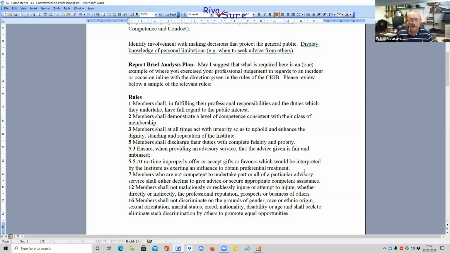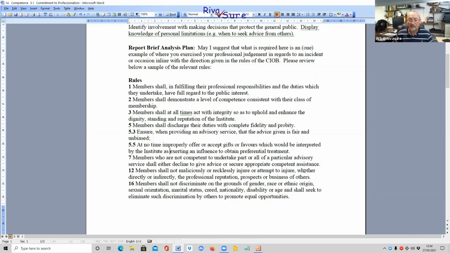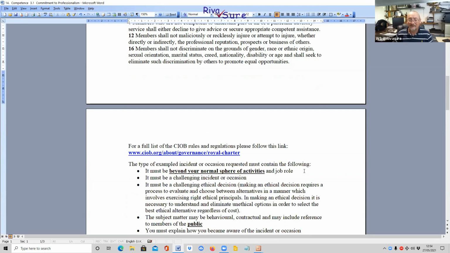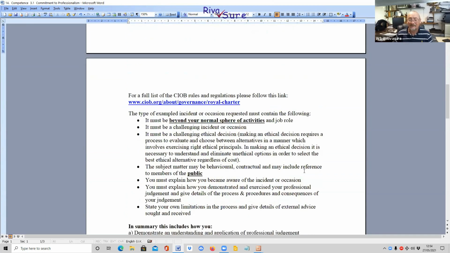So having looked at some of the rules of the CIOB and seeing where this report could be going for you, please select an appropriate example. A typical example or incident or occasion requested must contain the following: must be beyond your normal sphere of activities, must be a challenging incident or occasion, must be a challenging ethical decision.